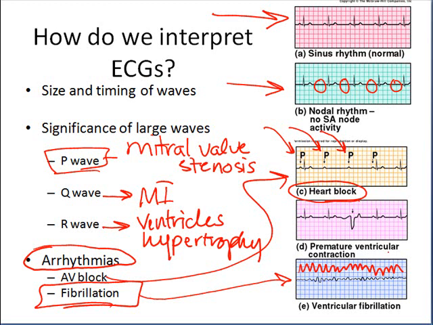So if the atria fibrillate, it's usually not a life-threatening condition. If the ventricles fibrillate, you have a very serious medical condition that has to be treated immediately. Usually they do that by shocking the patient with what's called a defibrillator to remove that fibrillation and establish a coordinated contraction cycle again.